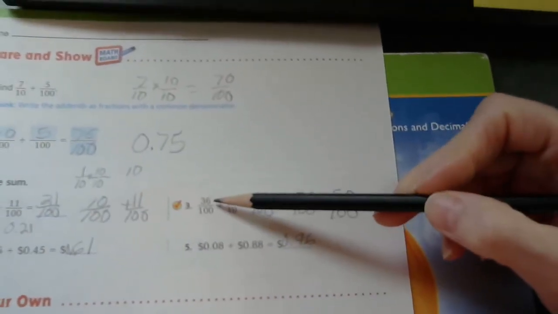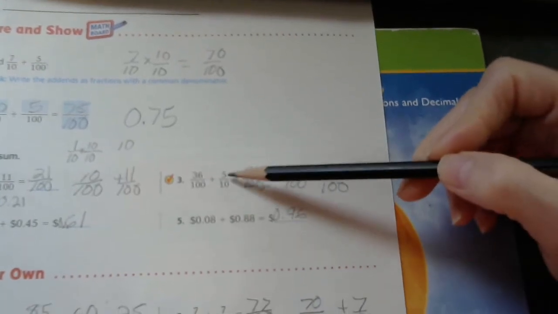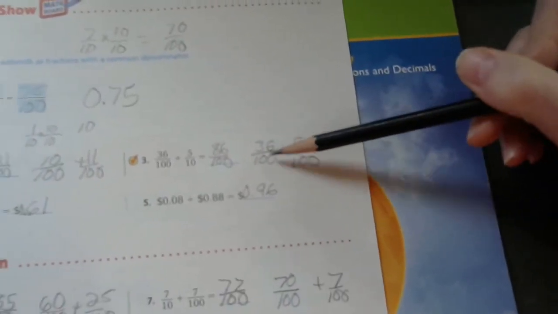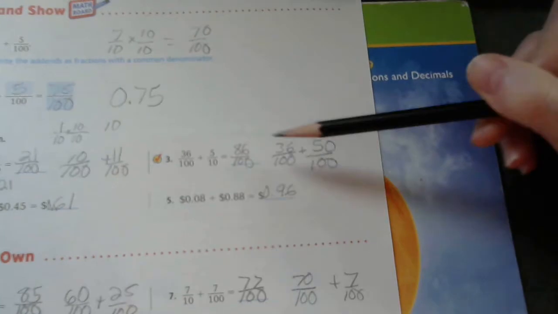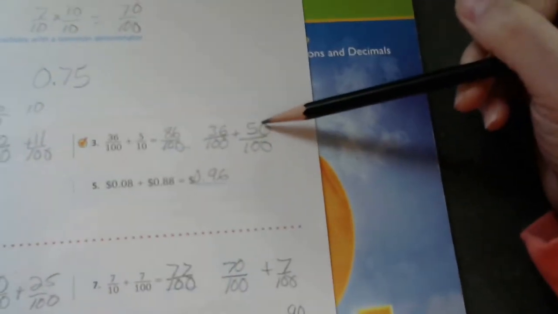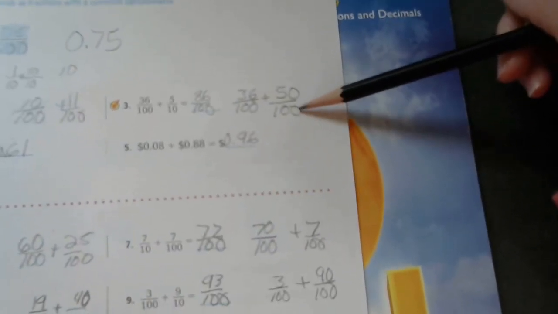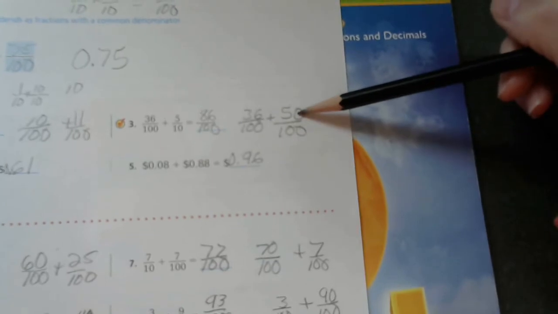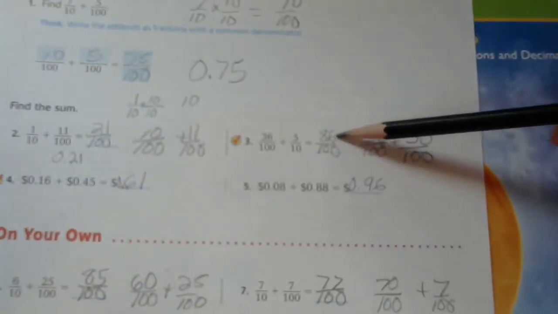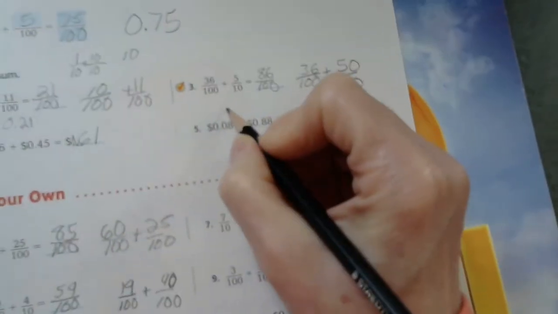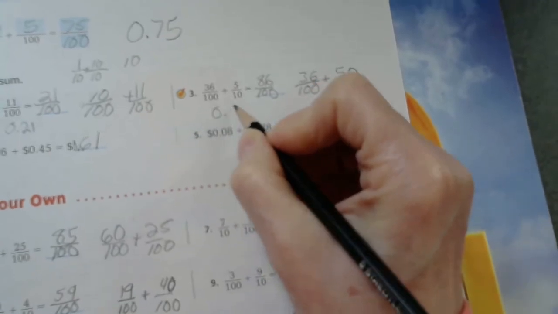Now, number 3 says add 36 hundredths and 5/10. 36 hundredths stays the same, and 5/10 turns into 50 hundredths. 50 plus 36 is 86, so it's 86 hundredths. Written as a decimal, it's 0.86.